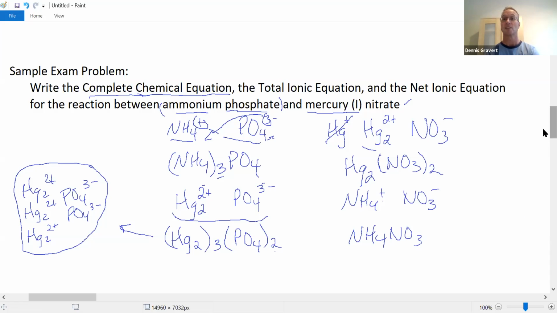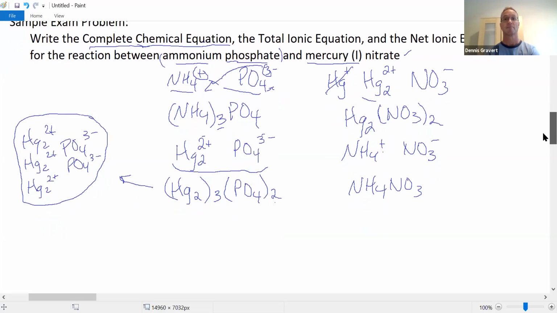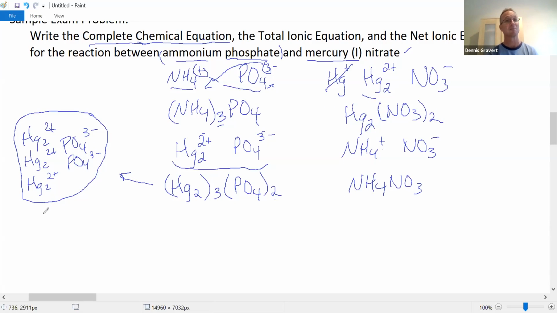Cool. Okay, so now we predicted products. We're still after the complete chemical equation. Let's write out the reagents. Well, we begin with ammonium phosphate. Right, so ammonium phosphate, it's 1 reagent. We add in the mercury nitrate. Move that out of the way so you can see the question up above, see our work.